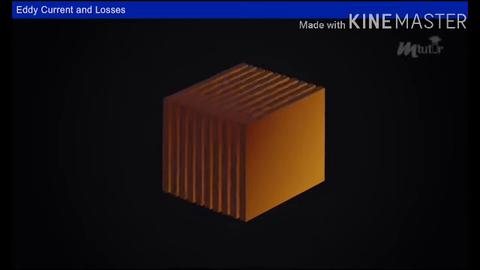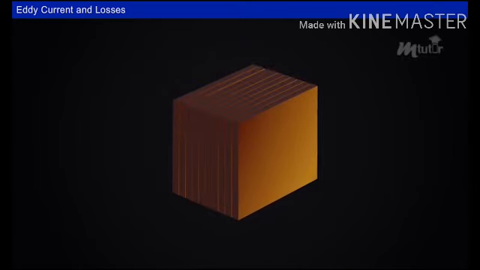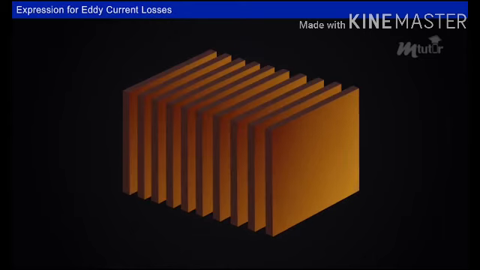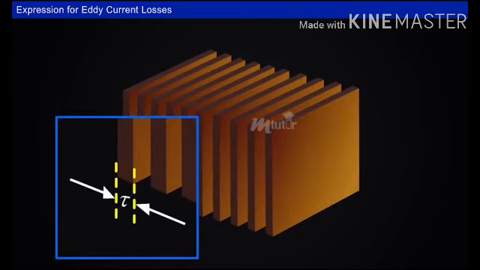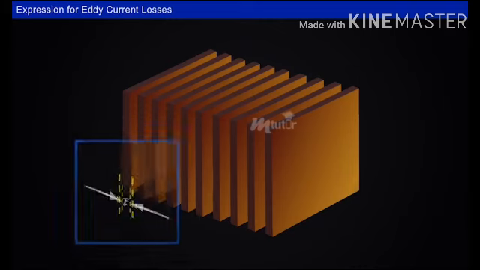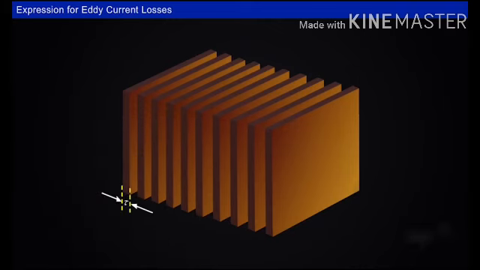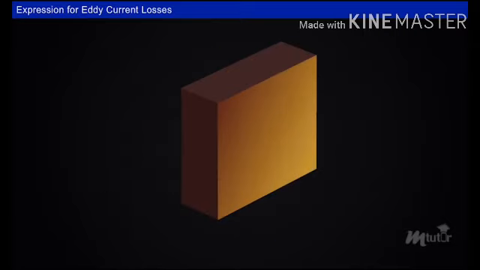The shorter the distance between the laminations, the greater is the suppression of eddy currents. From physical considerations, we have seen that thin plates each of thickness tau are to be used to reduce eddy loss. Let us derive an expression for eddy loss in the following section for a thin plate and try to identify the factors on which it will depend.